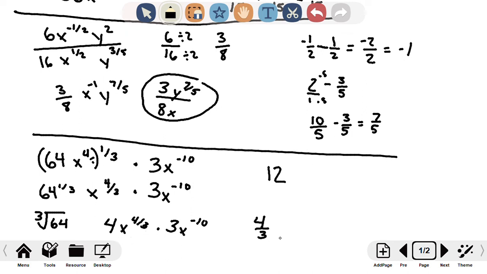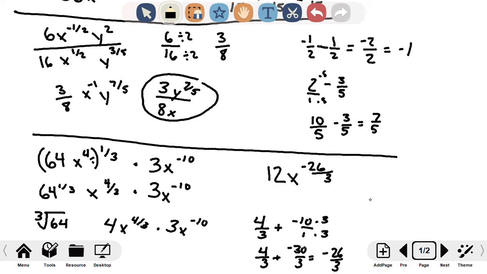And then I have to add these two exponents together. So 4/3 plus negative 10, which right now is over 1, but since it's adding, we need to change it to a common denominator. So we're going to have 4/3 plus negative 30/3, which would make negative 26/3. So that would go with the x. But we aren't quite done because we don't want to leave that negative exponent there if we can avoid it.